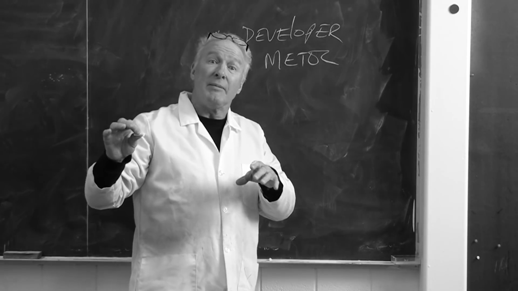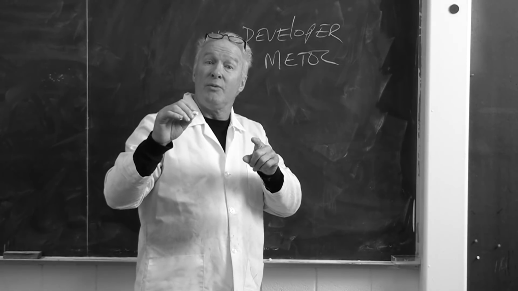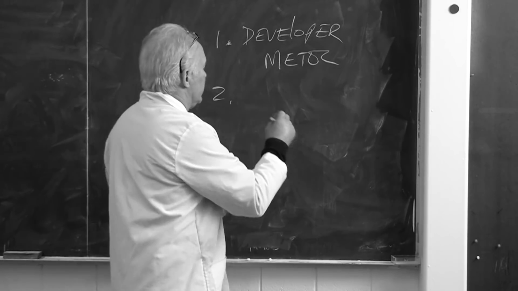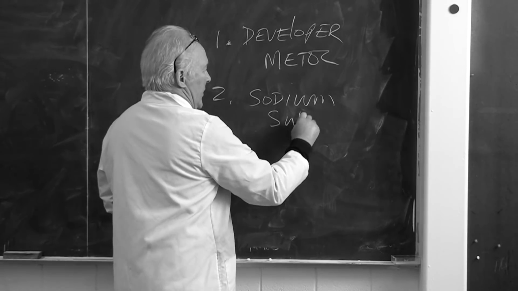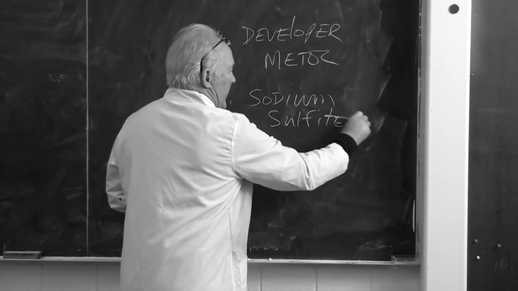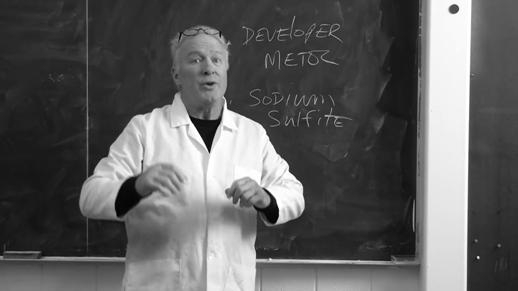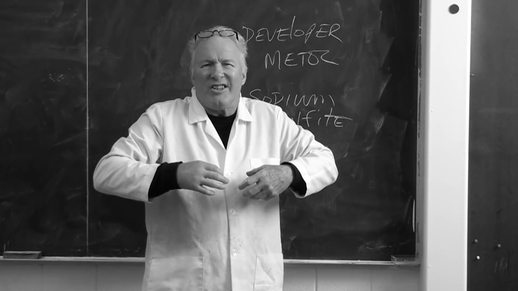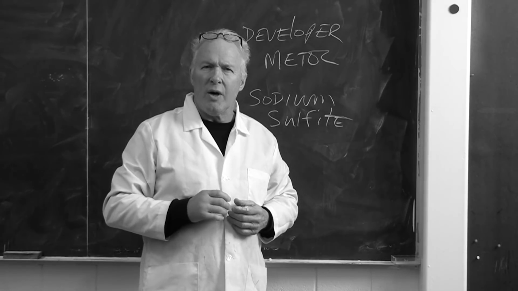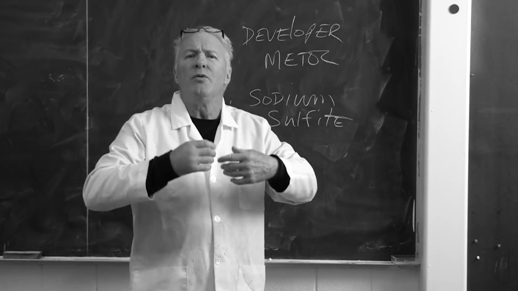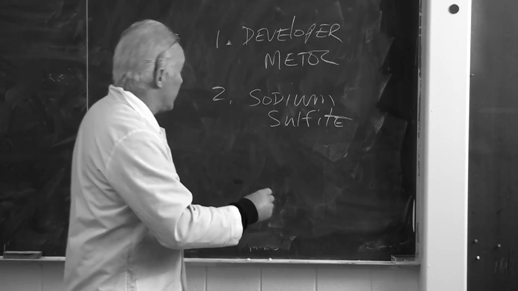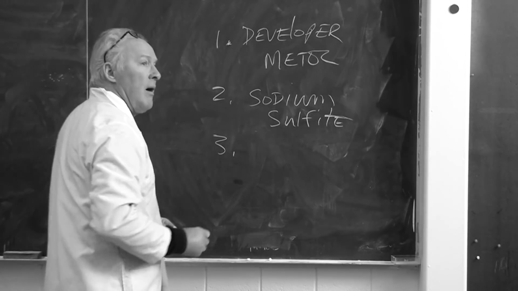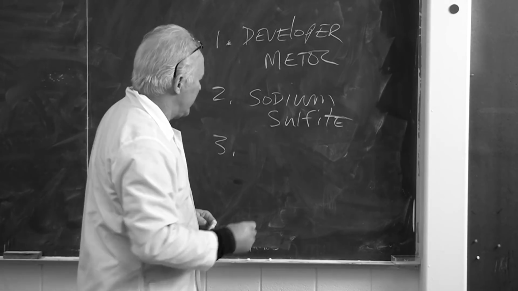And for my demonstration tonight, we will use sodium sulfite. Third ingredient, very important, is an accelerator to move the process along in an expedient fashion. And for tonight, we're using sodium metaborate.